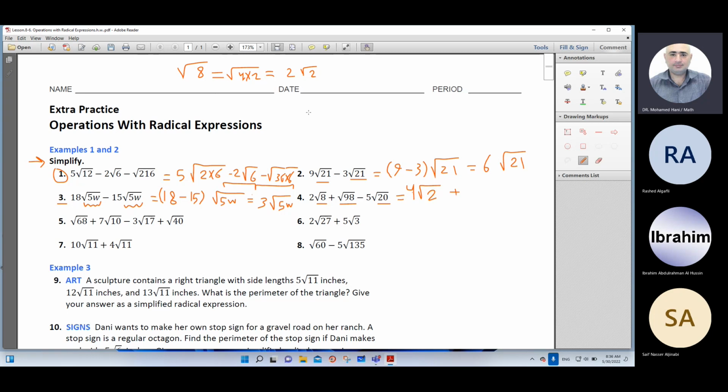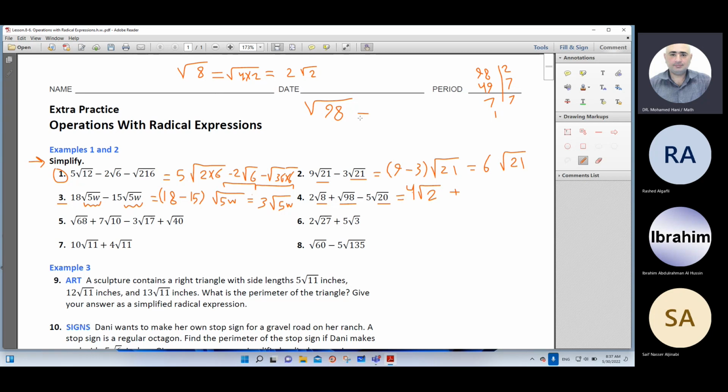Then, what is the simplify of square root of 98? We can do analyze. 98 divided by 2 will be 49. Divide by 7 will be 7. Divide by 7 will be 1.